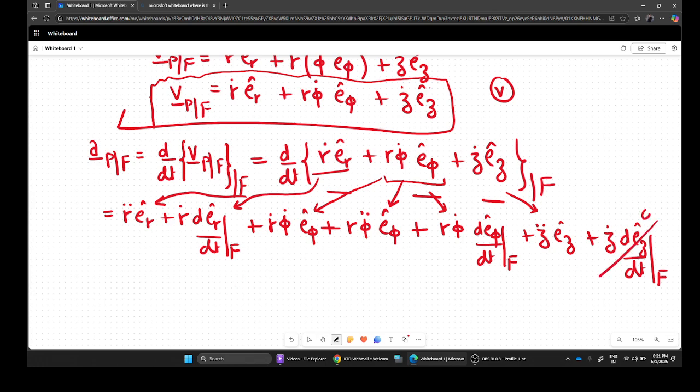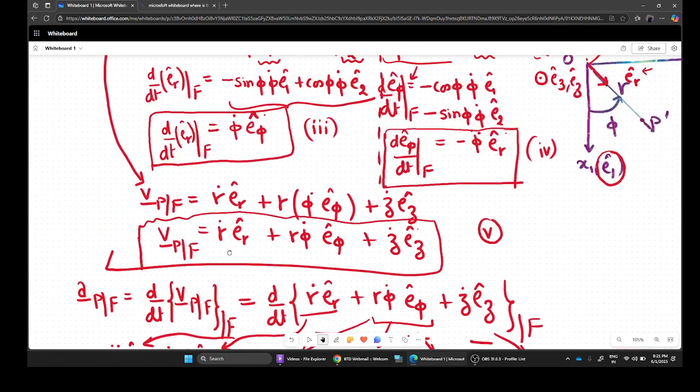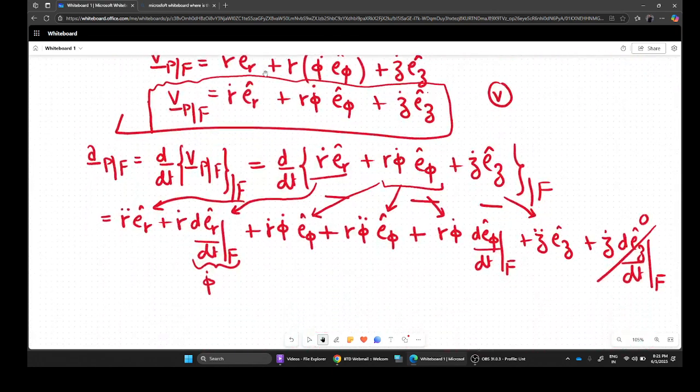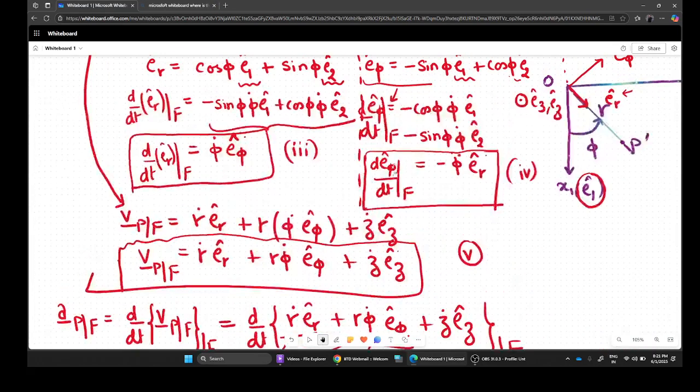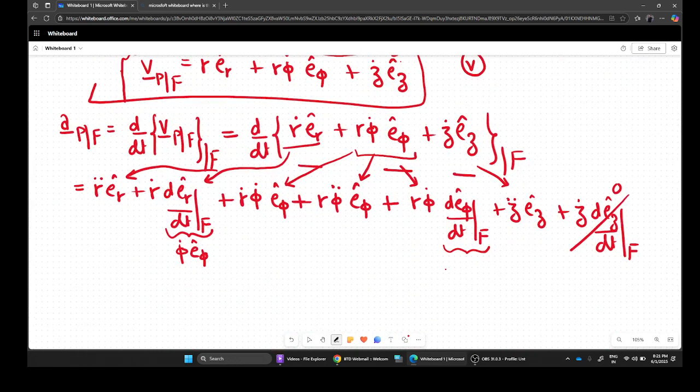This is going to be 0, we know. And this we derived just a few minutes ago. This is going to be phi dot times E phi. And this also I derived here on the right hand side. Rate of change of E phi with respect to F is minus phi dot ER.